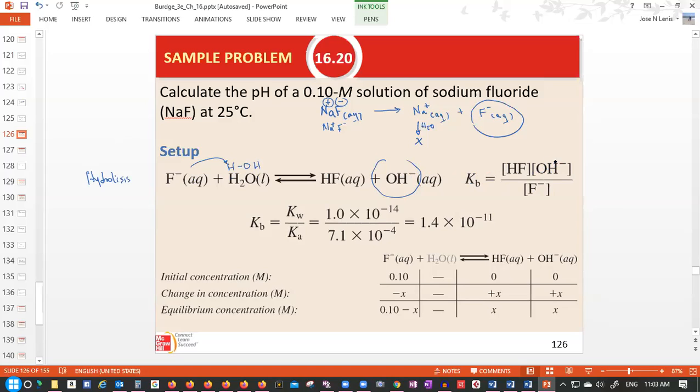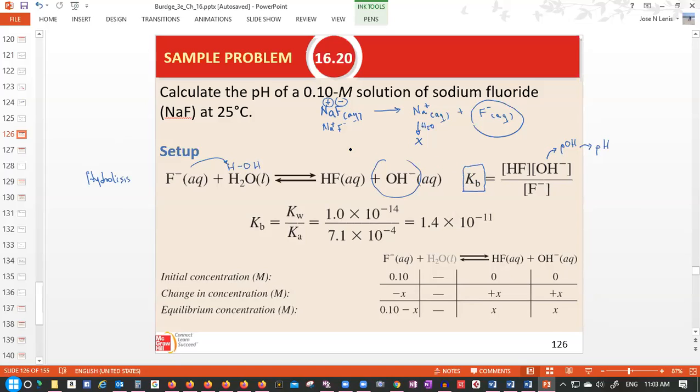So if we have the OH minus, we can find the pOH from here. Once you have the pOH, you can find the pH. So that's the strategy. However, when we're doing this hydrolysis, we always find a little situation.